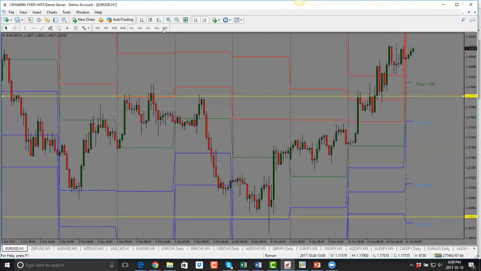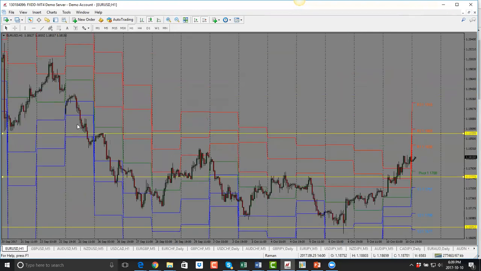This is where we are at the moment from 1 hour perspective. This is where I'm looking for price to go right now. We had the first leg up, consolidation, and now we have the second leg up, so looking for a further move up into this 1.1850-ish level up here.